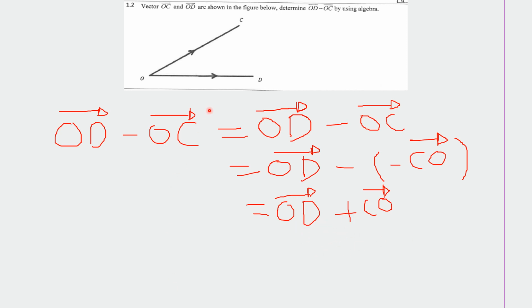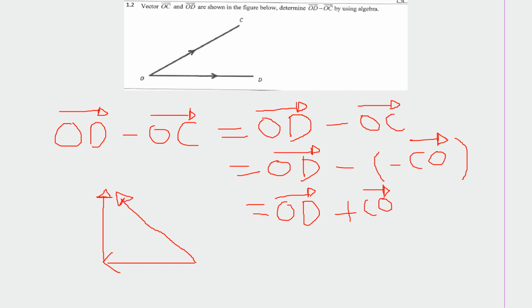Remember, when you add your vectors, you add them using head to tail. Let's say, for example, when you start here, your vector will move this direction and then it ends here. Then your other vector will start from where this one finished and then it ends wherever it is. Now the resultant of these two vectors must start from where the first vector started and then it must end at where the last vector is ending.